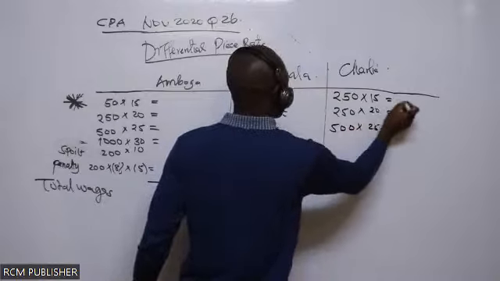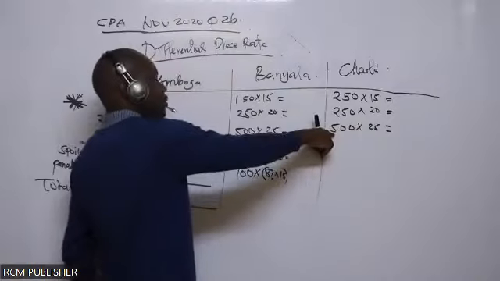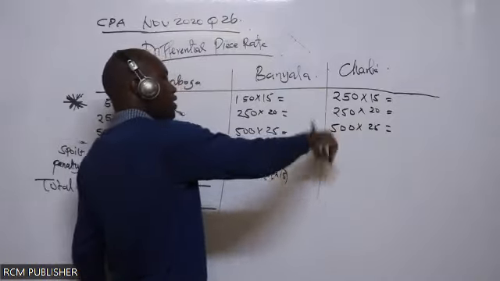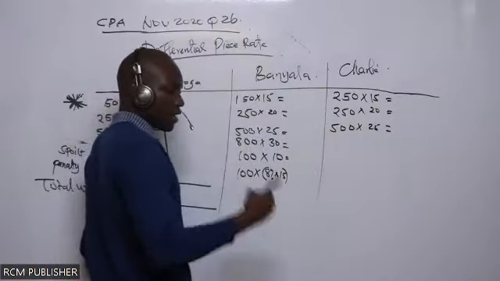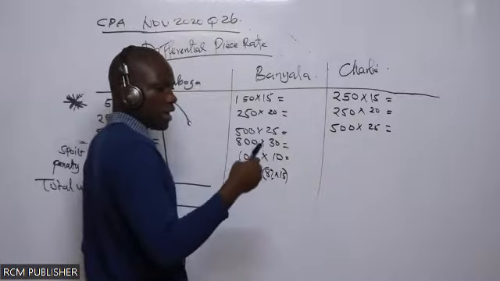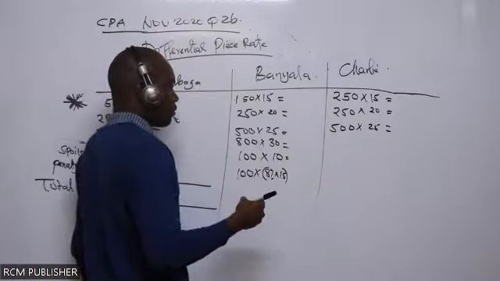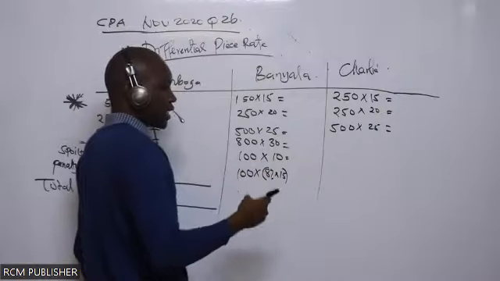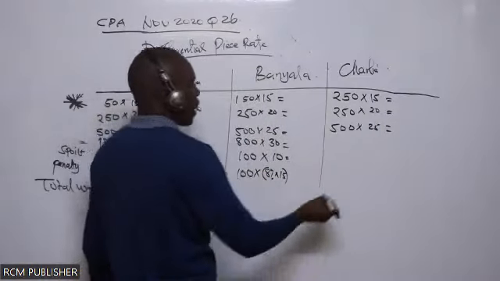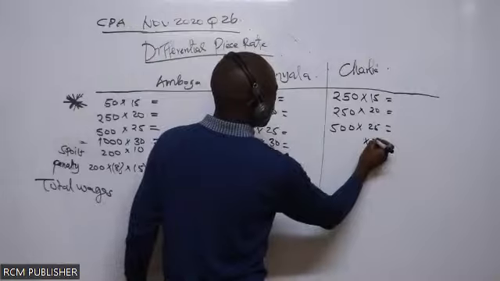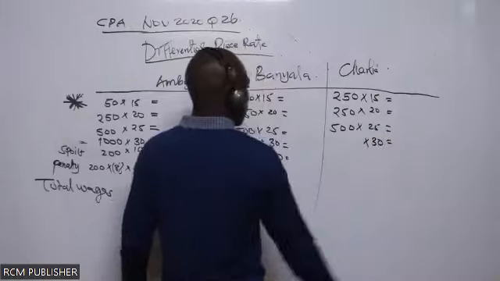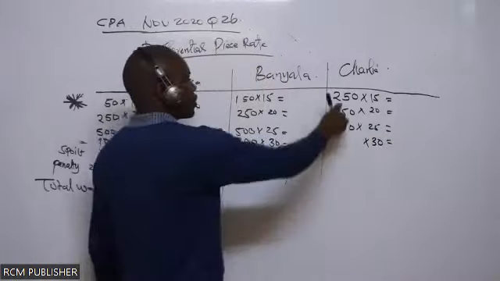If we do that, all this will give us 1,000. Then we are told anything that is over 1,000 will be paid for at 30 shillings per unit. This one is 1,000.